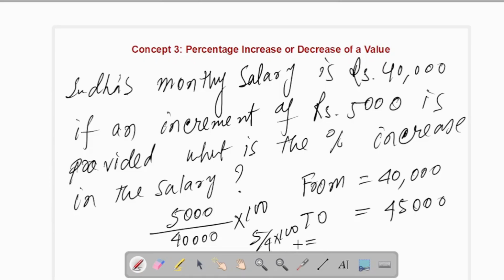If you can remember, that is 12.5%. So the salary of Sudha increased 12.5%. In case of decrease also, the percentage we will receive will be the decreasing percentage. In our example, since the salary of Sudha is increasing, it is the increasing percentage.